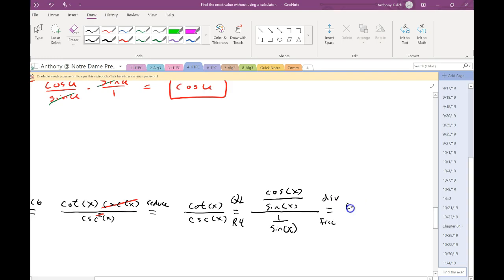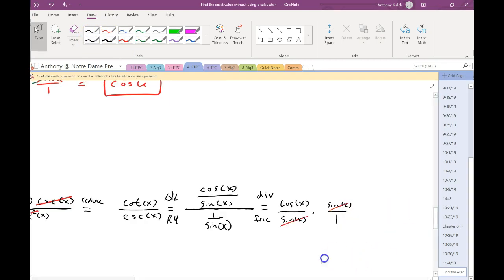Now, to divide fractions, I just multiply by the reciprocal. And I can reduce. And I'm left with cosine. We okay there?